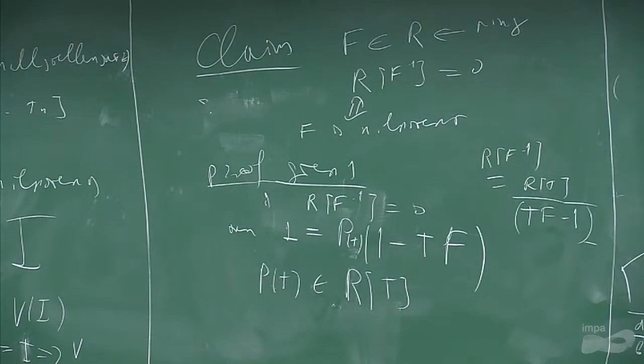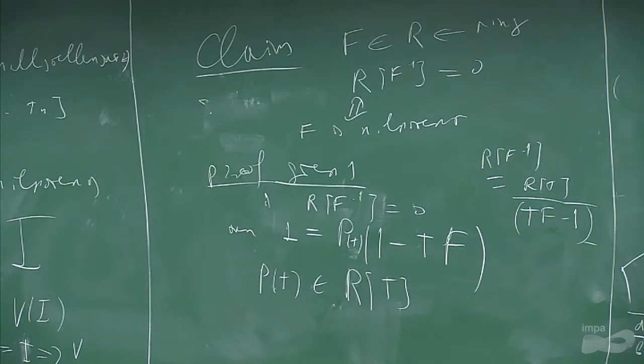Okay. Now, let's look at this relation. So we can write the polynomial formally. P is equal to the sum of ai t power i.